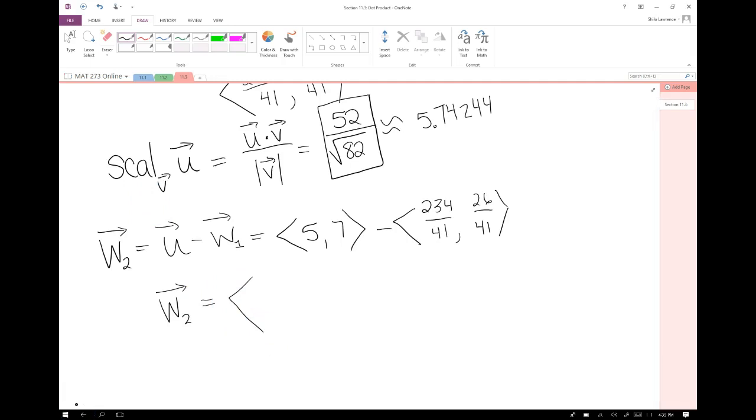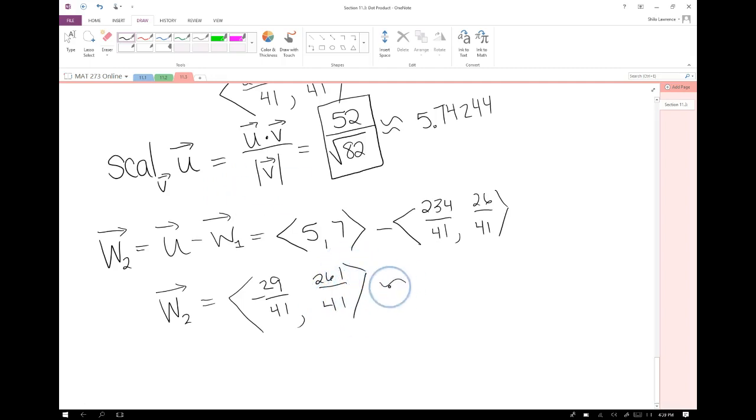And I'm going to use my calculator to help me. And for my first component, I get negative 29 over 41. For my second component, I am getting 261 over 41.